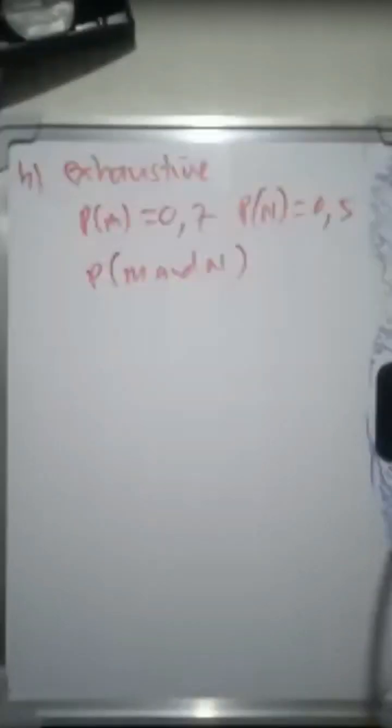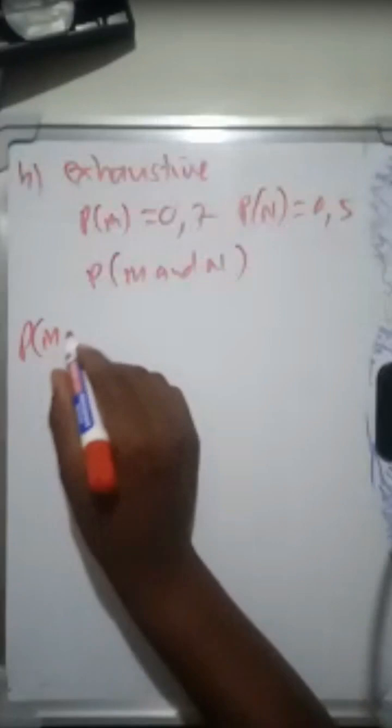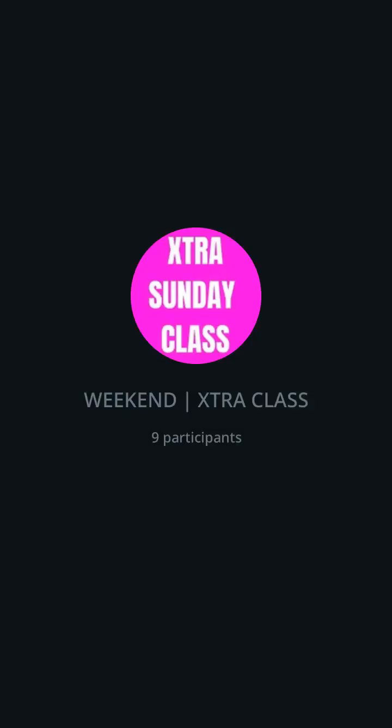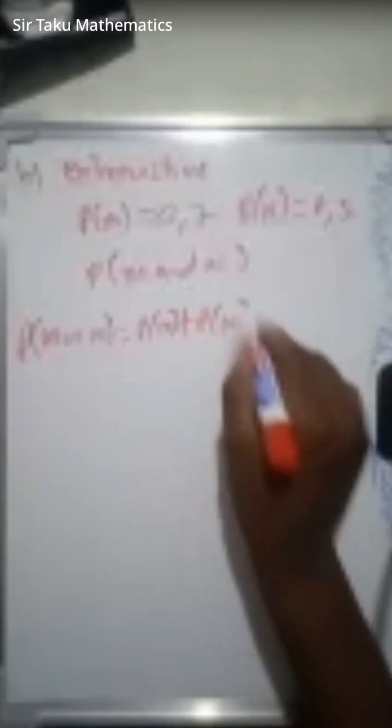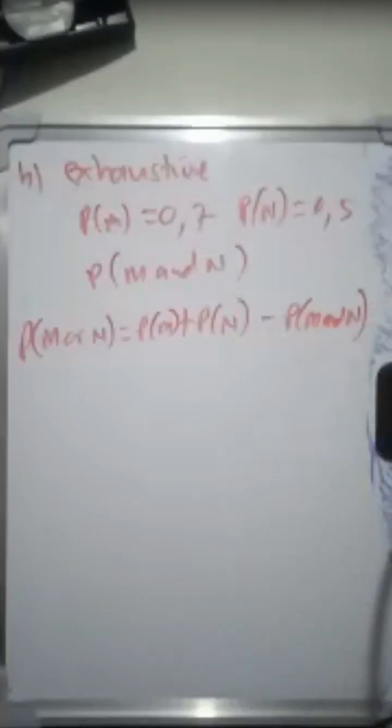Okay? So now we're going to use the addition, the general rule. Probability of M or N is equal to probability of M plus probability of N minus probability of M and N. Okay?